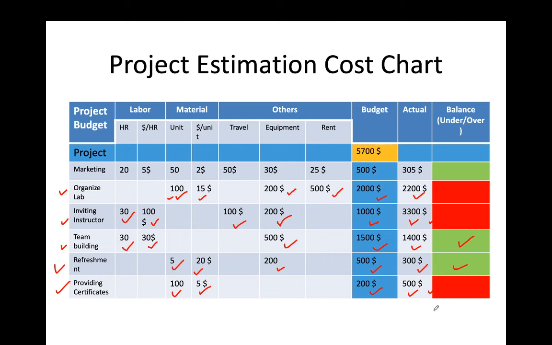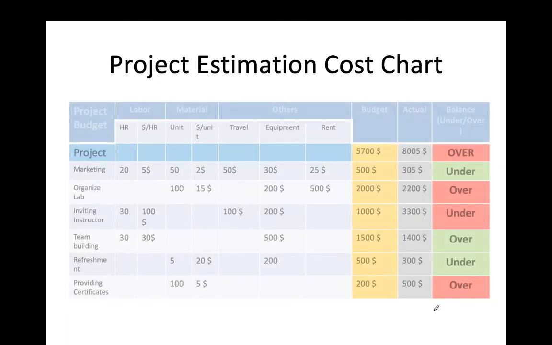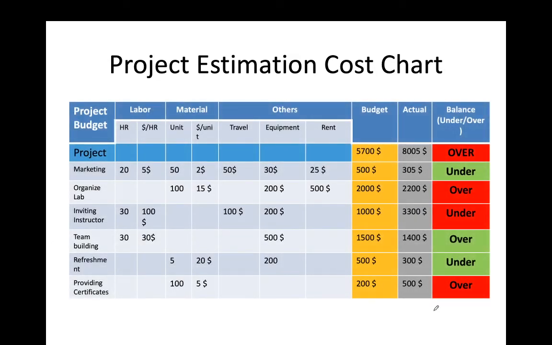So from this we learned that our total budget was 5700 US dollar, but our estimated actual cost is 8000 US dollar.